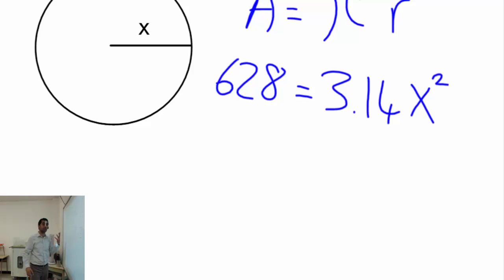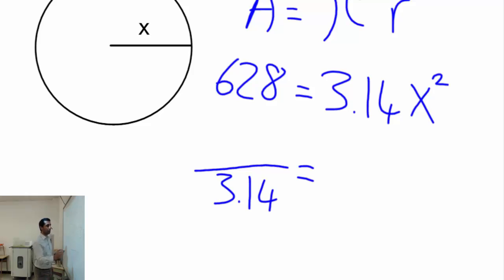It's going to go to the other side on the left side as a division. So let's have my equation line here and the division line there. And underneath, write down 3.14. On top, write down 628. And now x square is alone.